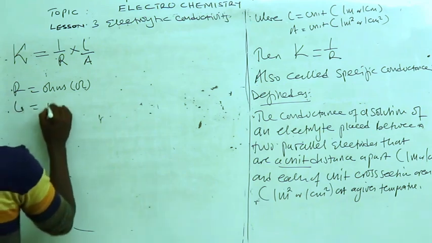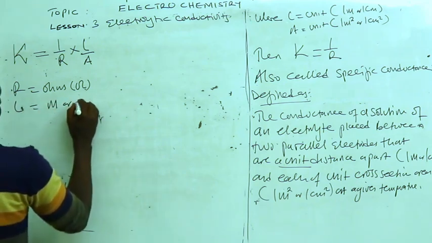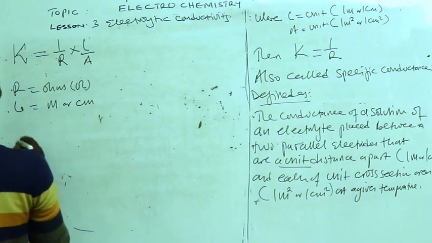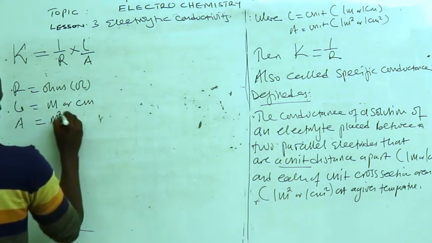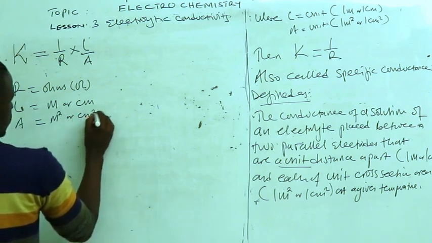Length could be measured in meters or centimeters, and area can be measured in meters squared or centimeters squared.